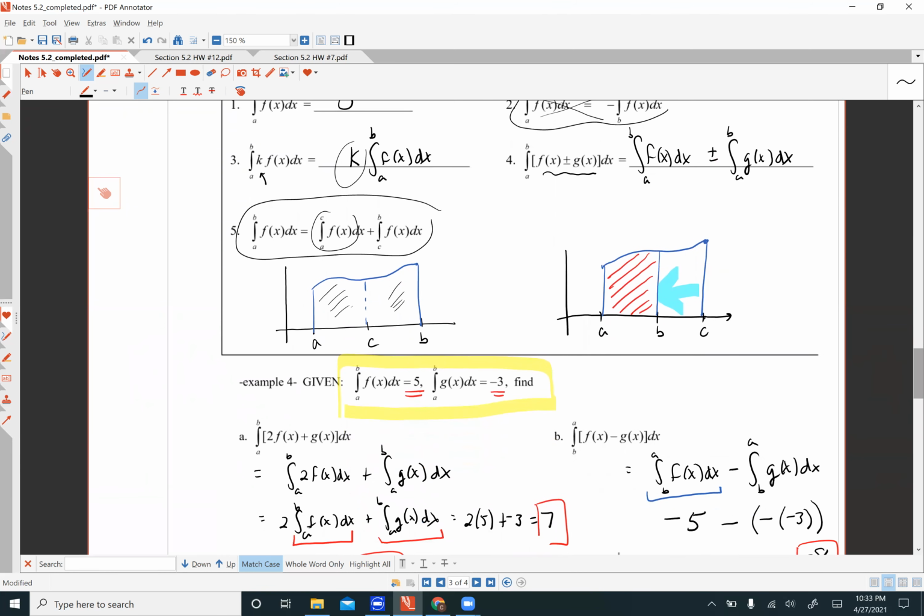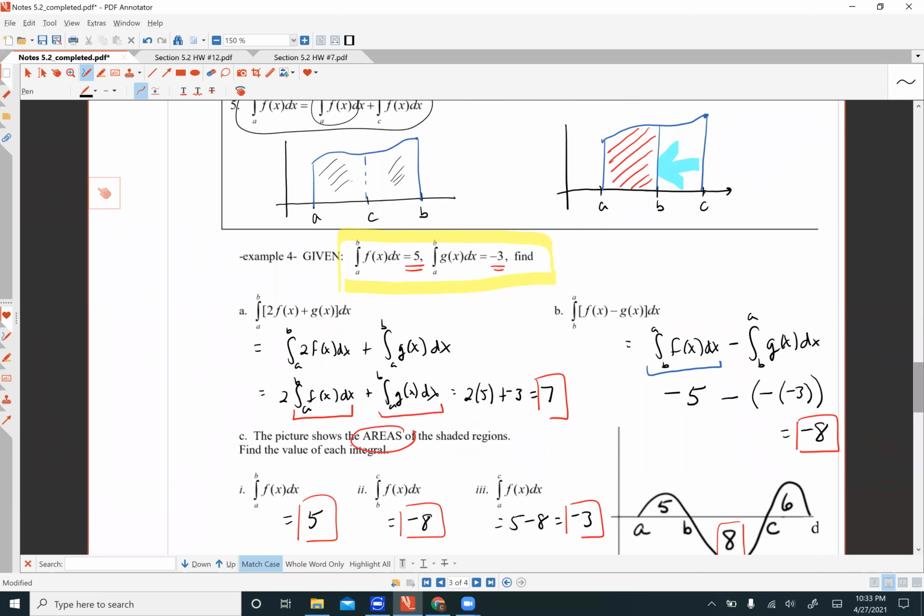Okay, and then you see these kinds of problems. I think you see some of these in my lab. You're told that the area under the curve from a to b of f of x is 5, and the area under the curve from a to b of g of x is -3. So then you have this problem. Let's just do one of these. What is the area under the curve of 2f of x plus g of x?